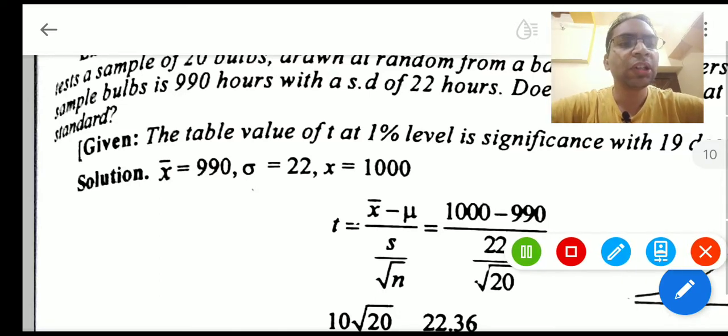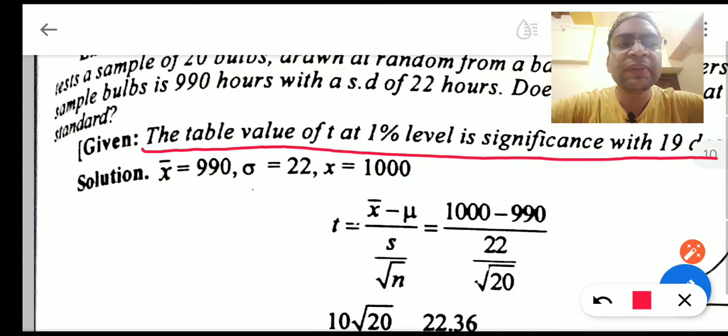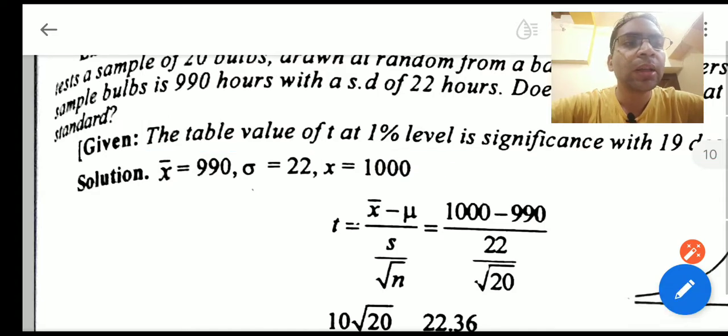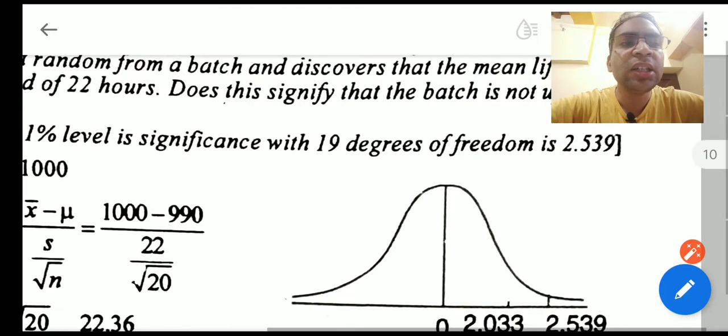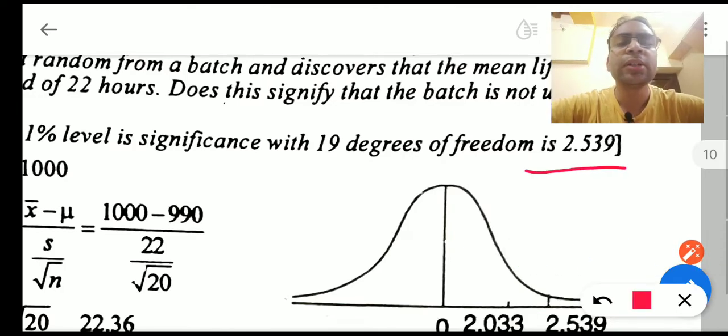Let's go back to the question and see the note that the value of t at 1% level of significance with 19 degrees of freedom is given as 2.539.